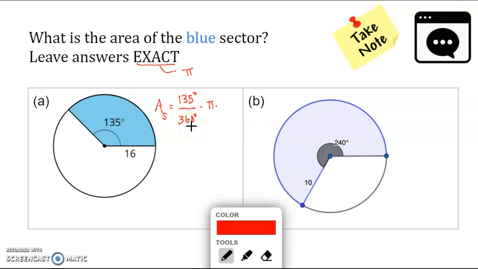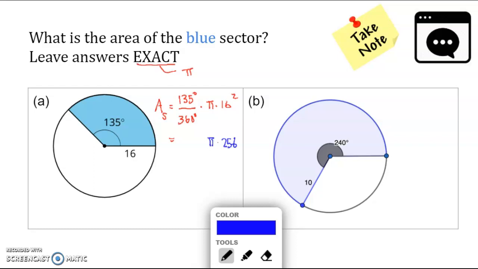What is the radius? That's 16, and 16 squared is 256. To that we need to multiply by pi, and now 135 divided by 360.